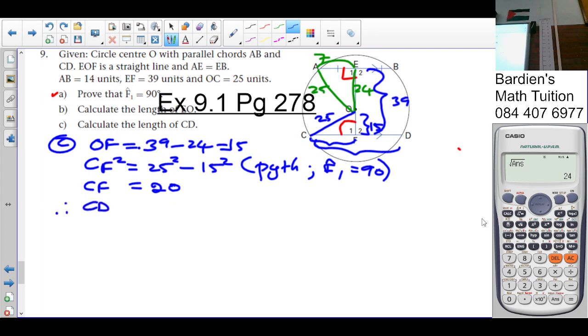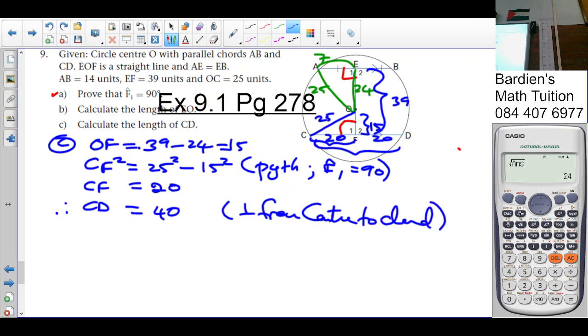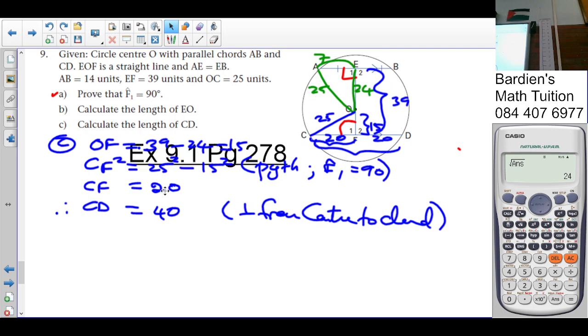Therefore CD is going to be double that. So it's 20 here, 20 there. Why is it double that? Because perpendicular from center to chord bisects the chord. Okay? Any confusion here? Alright, let's carry on.